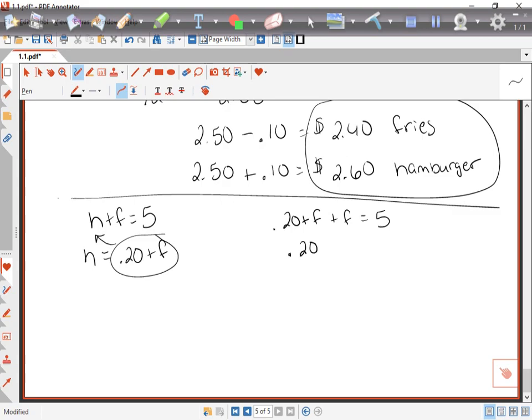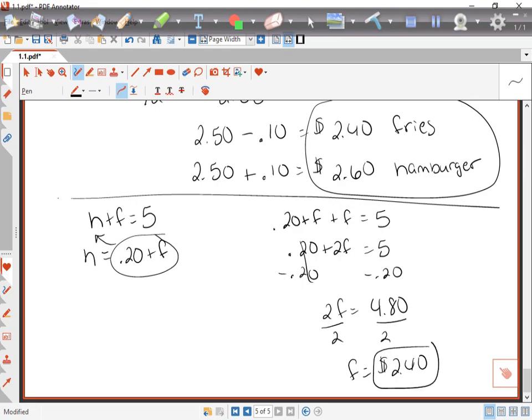Collect like terms. Subtract the 20 cents. Divide by 2. And you still get the fries cost $2.40. You come back over here then, and you'll get that the hamburger costs $2.60.